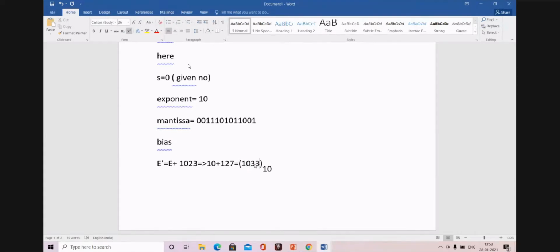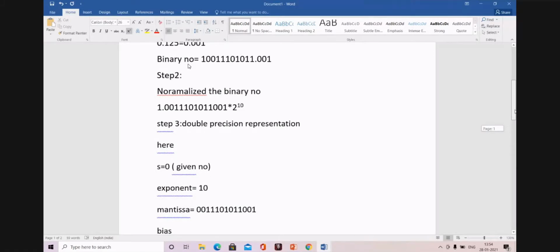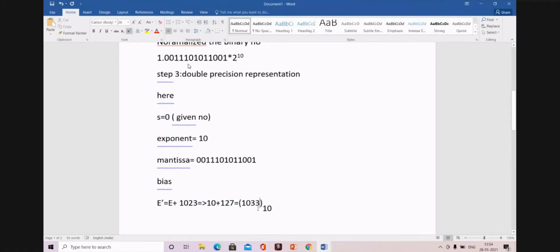All right, 1033 is your E bar. Now you represent this number in binary. I hope this is very easy, right? You convert this 1033 and you get an answer like this.